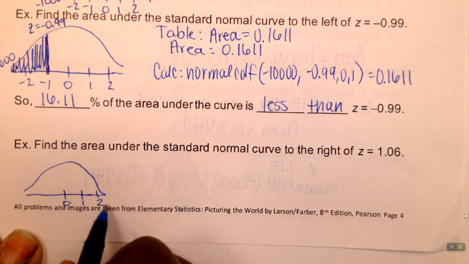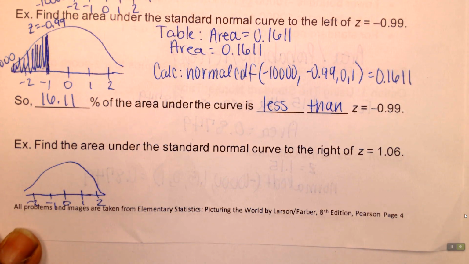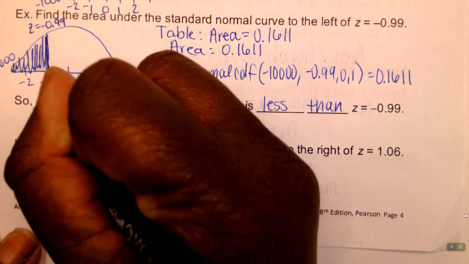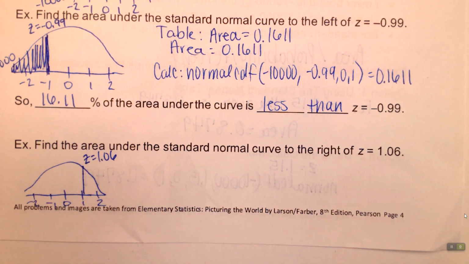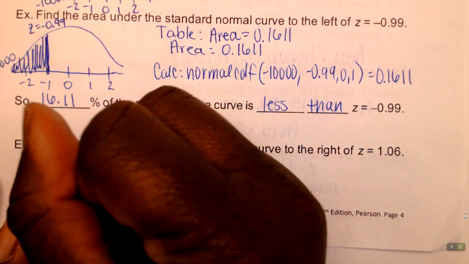So we're shading for these first few problems just to make sure we're good. So 1.06 is probably like right here. This time it tells us to shade to the right.